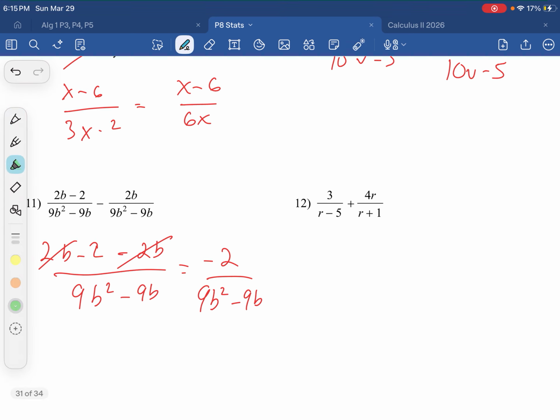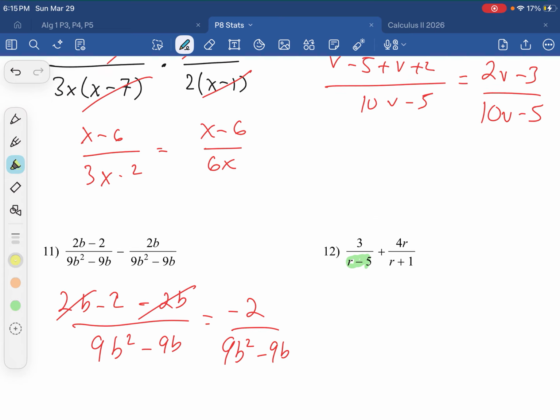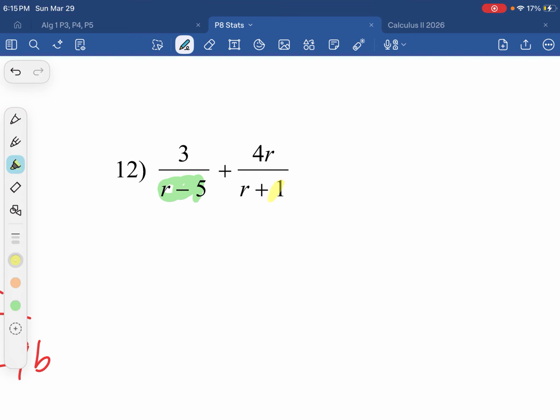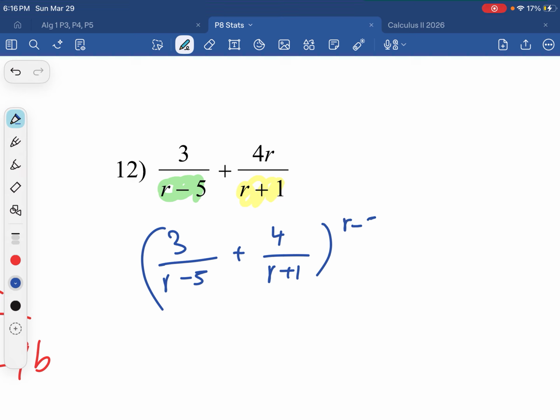In number 12, I have two different denominators. So I'm going to multiply by the least common denominator. In this case, it would be like 3 over r minus 5 plus 4 over r plus 1 times r minus 5 times r plus 1.